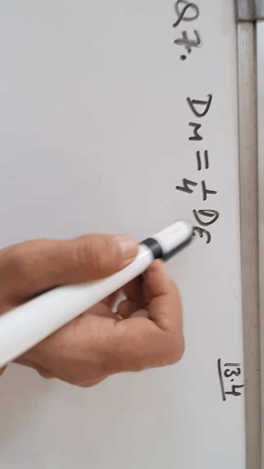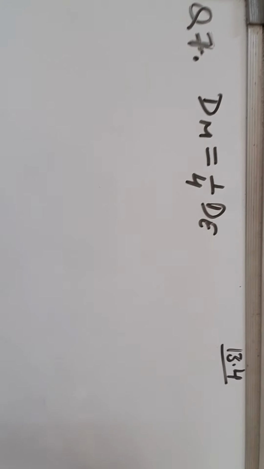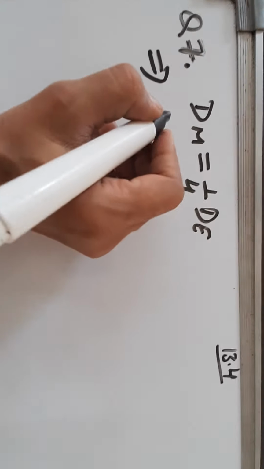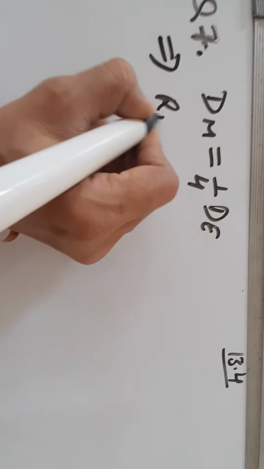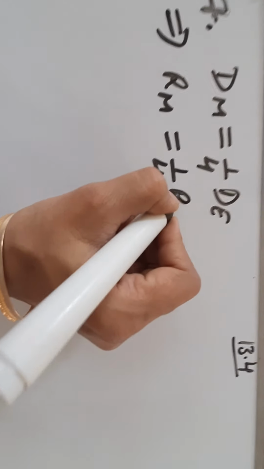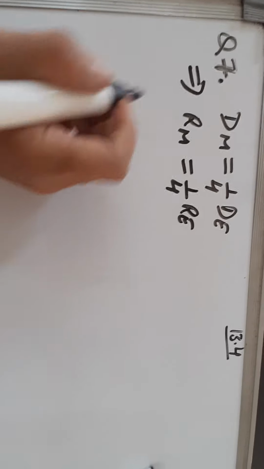As we all know, earth is greater than moon. So from this, dear students, we can directly conclude that if the diameter is 1/4, that means the radius of moon is also 1/4 of the radius of earth. So remember this. Now what are they asking us?